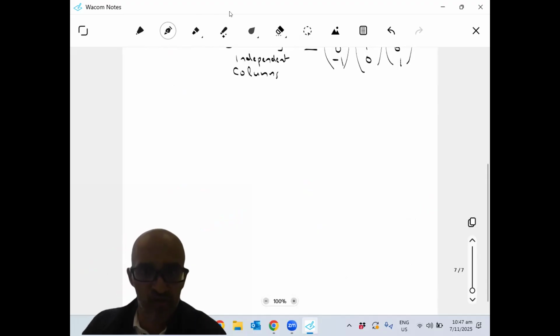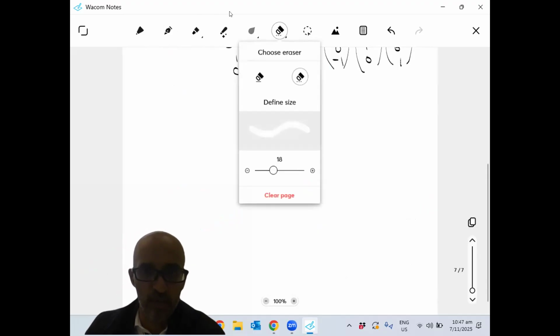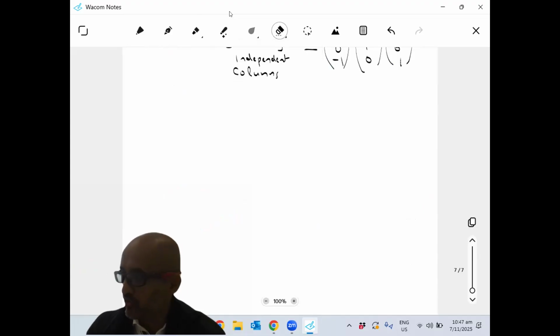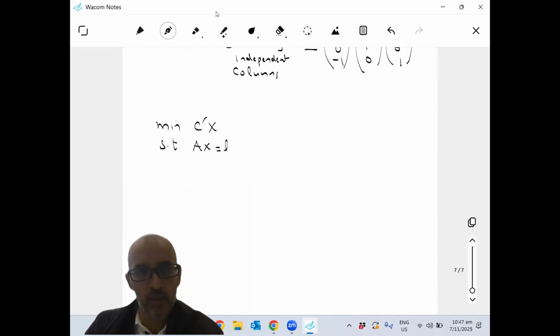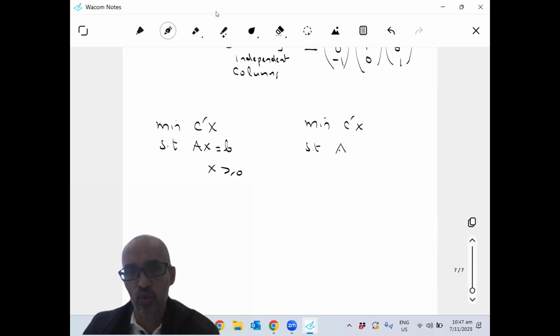So let's set up the standard form LP for our network simplex. We take minimum C transpose X subject to AX equal to B, X non-negative, and you can transform this to minimum C transpose X subject to A tilde X equal to B tilde, X non-negative.